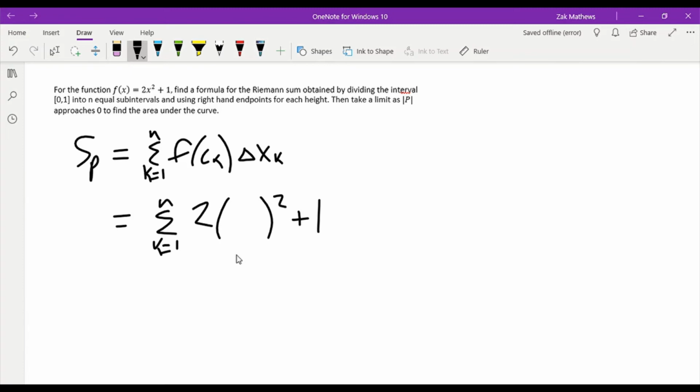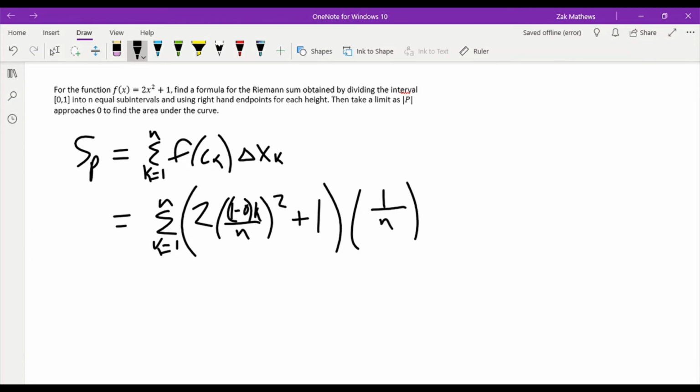And so that would be the 1 minus 0 over n times the kth portion that we're looking at. So each width itself is 1 over n, however many rectangles we're using. And how far along we are in the interval from 0 to 1 is determined by the kth 1 over n that we're at. So this would be our equation for the height, and then the width is very simply just the 1 over n.